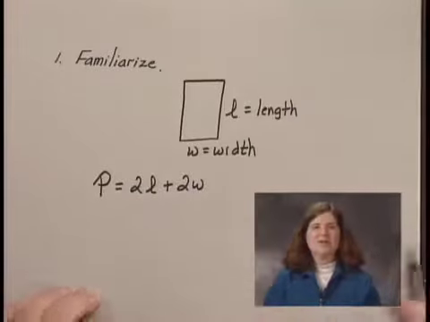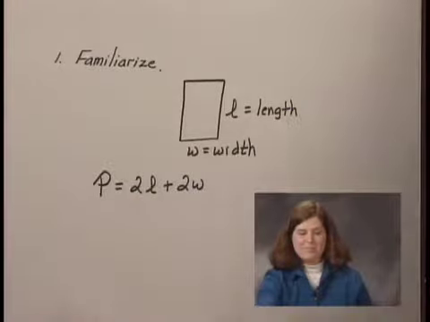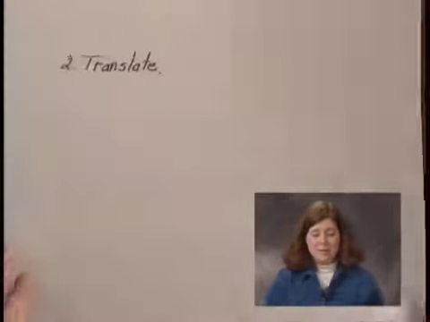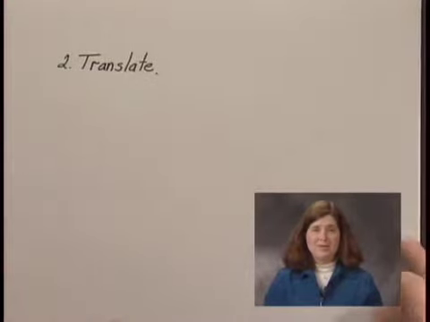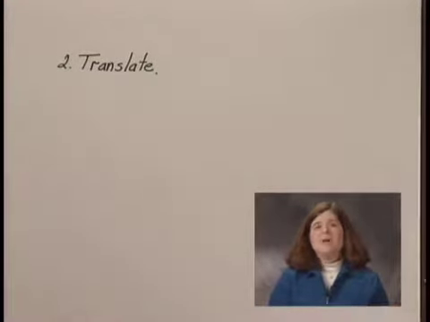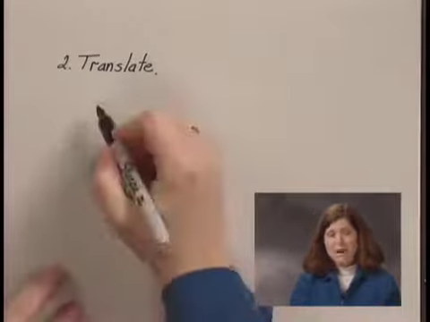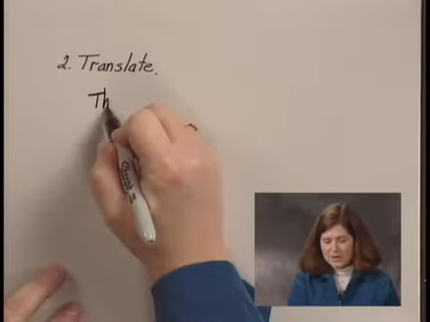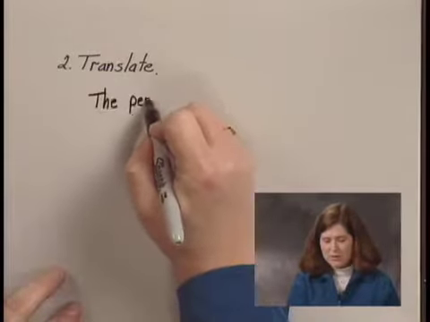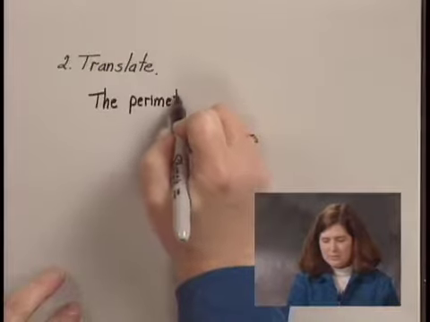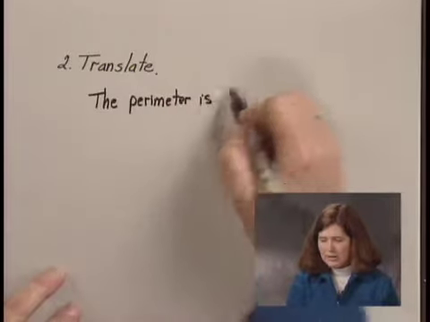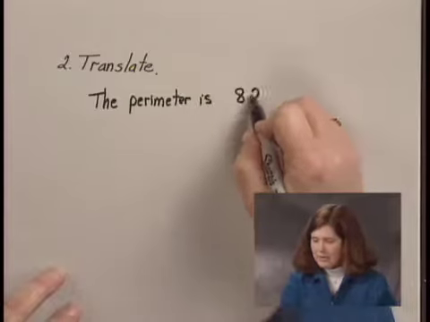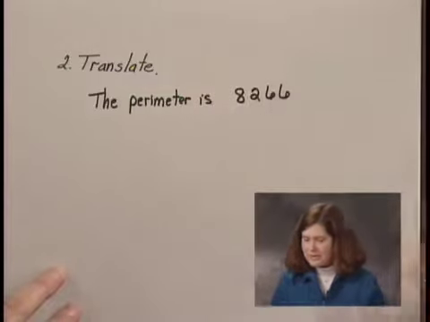I think we have enough information there to go to our next step, and that's to translate the problem to mathematical language. We're given some information about the perimeter. We can write that as a sentence briefly in English. The perimeter is 8,266 yards.